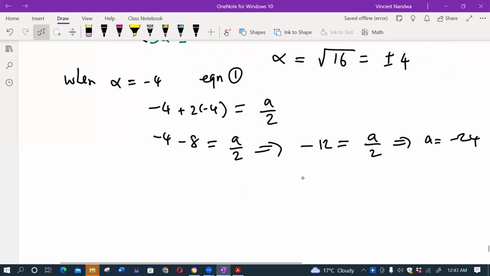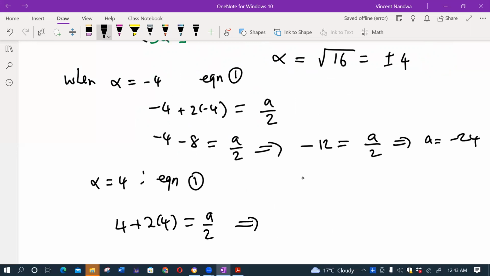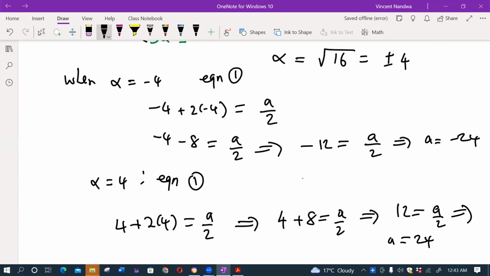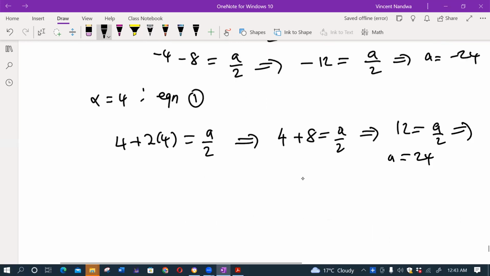And when alpha is 4, then in equation 1, we have 4 plus 2 times 4 equals a over 2, which means 4 plus 8 is a over 2. So 12 equals a over 2, which means a will be 24. So therefore, a has two values, either minus 24 or positive 24.